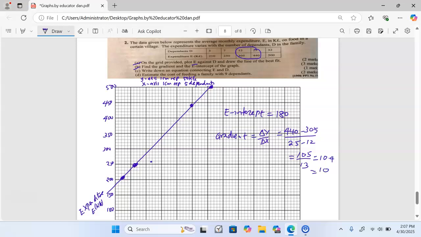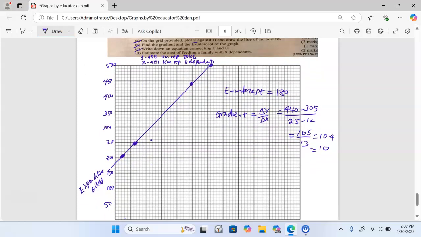Once we have the gradient, we can write down the equation connecting E and D. Remember, these equations are usually in the form y = mx + c, because this is a straight line.